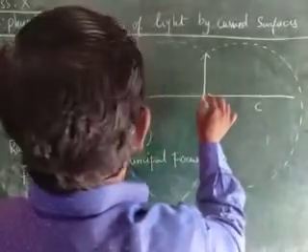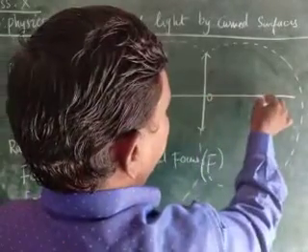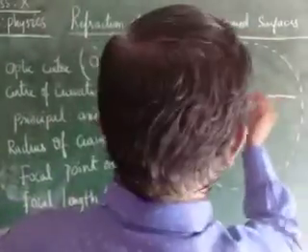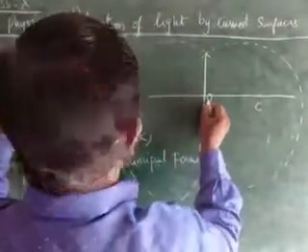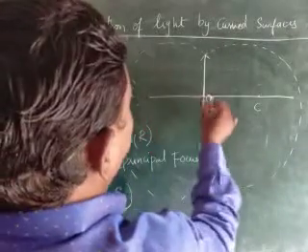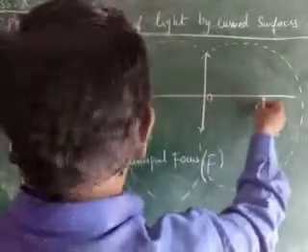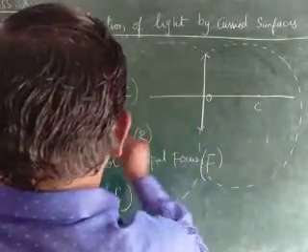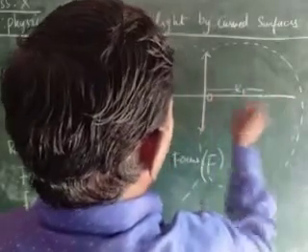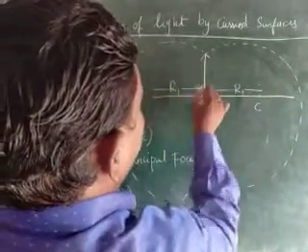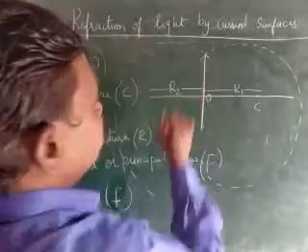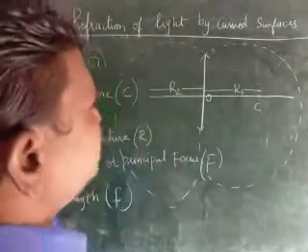The center of the lens is the optic center. Radius of curvature is the distance between these; in the same way for this one. We get two radii of curvature, R1 and R2.